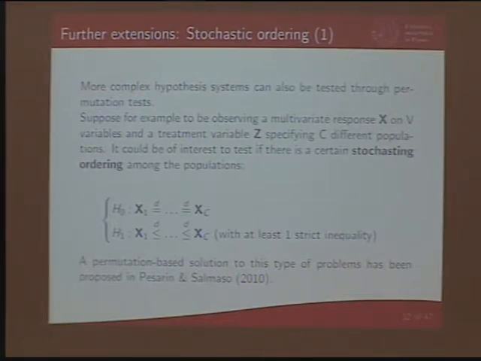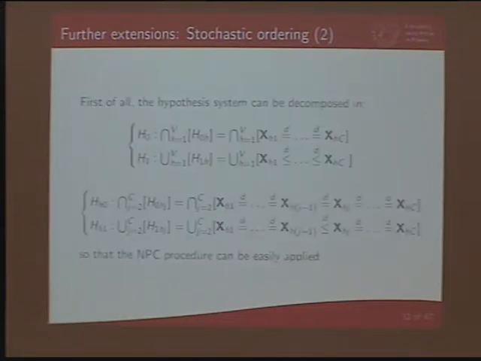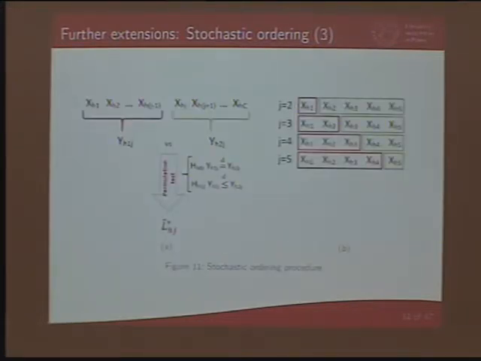This can also be solved using the same procedure that I showed you before. The only tricky part, I will show you here, is the way you permute. Basically, in order to solve these stochastic ordering problems, we are going to permute the data by pooling the data sets from time to time.